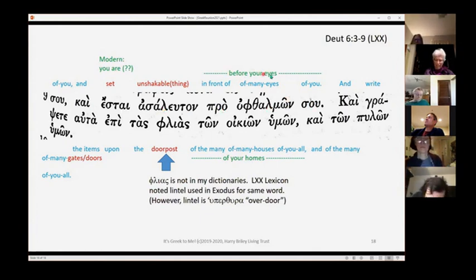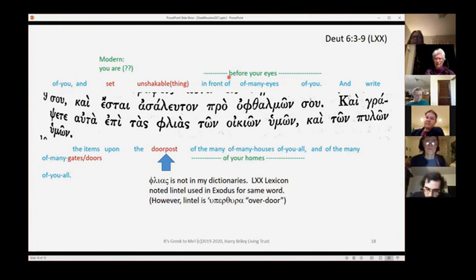So before your eyes. Pro, in front of. Ophthalmon, many eyes. On is of many, of you. So in front of many eyes of you. And we can translate that as before your eyes. So put this box or something between your eyes or in front of your eyes.